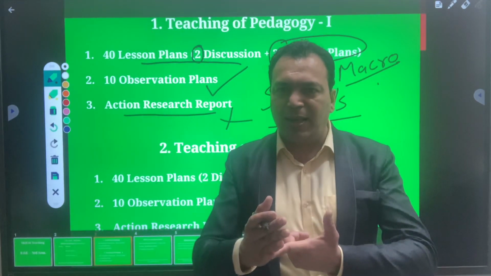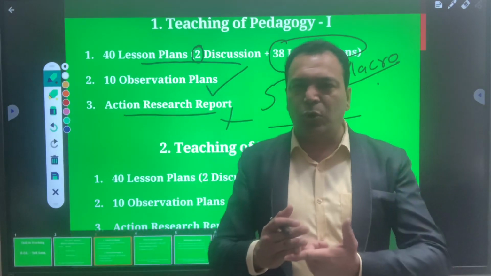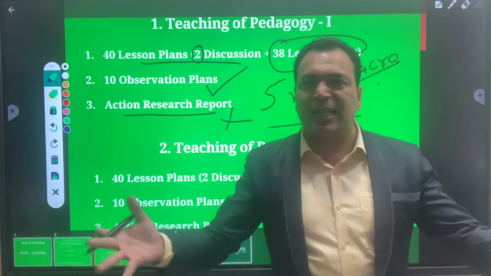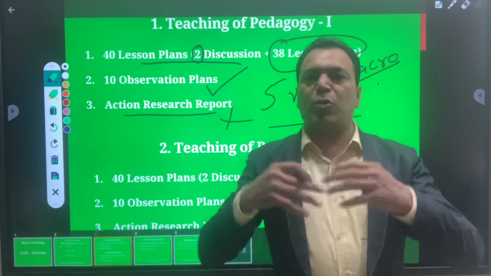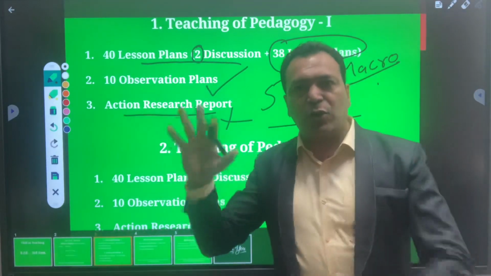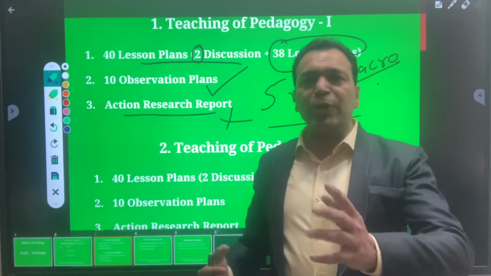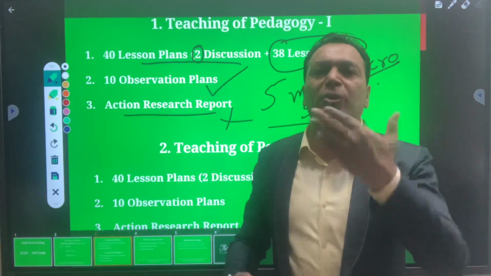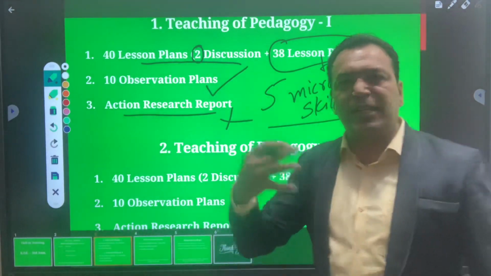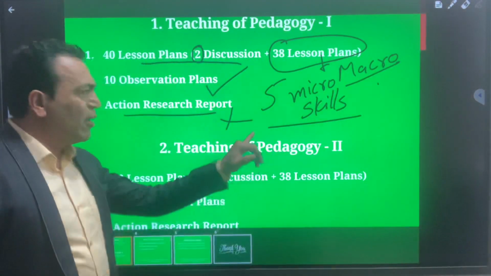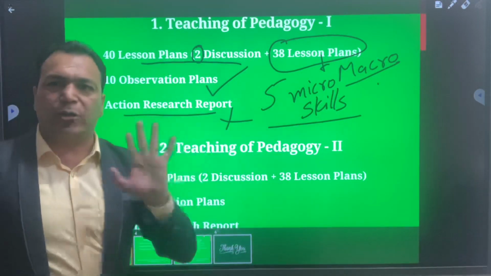This is 1 skill, which I have already discussed with you. Skill of explaining the lecture, skill of questioning, skill of writing on the blackboard. So these 4 or 5 skills you can make additionally in your files, right guys? Sometimes it is checked by the colleges. 5 micro skills. This is called micro skills.